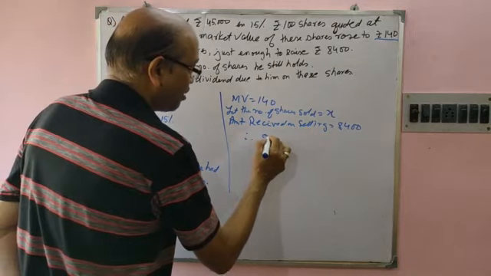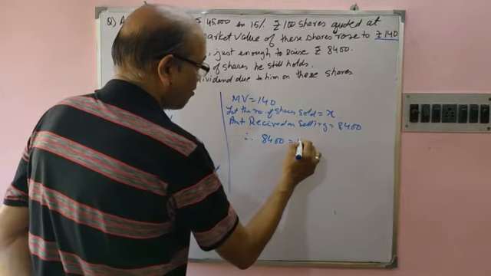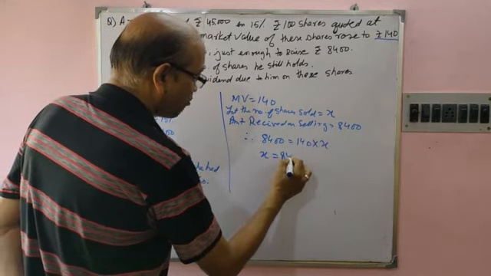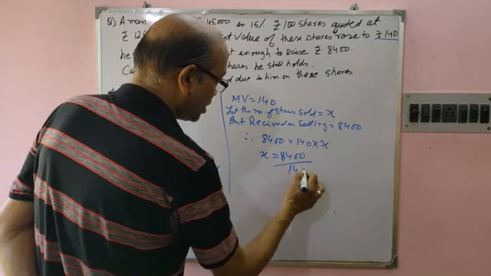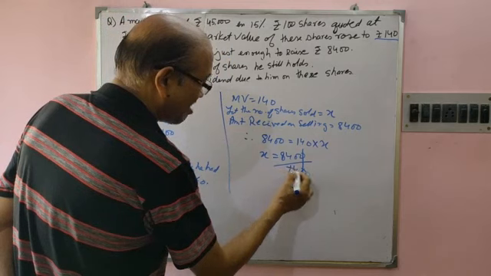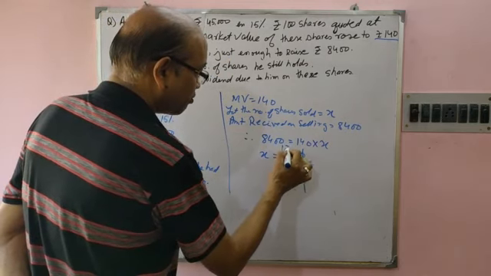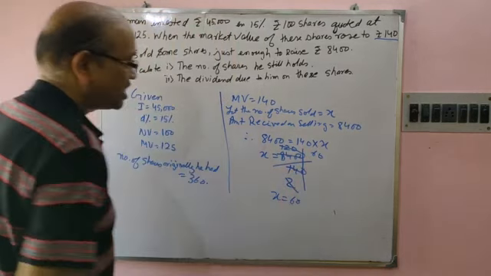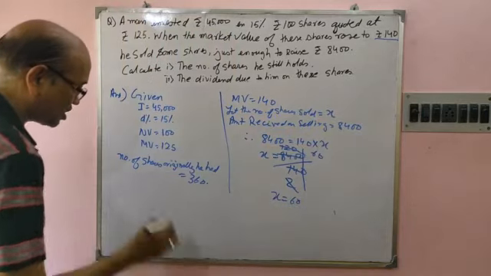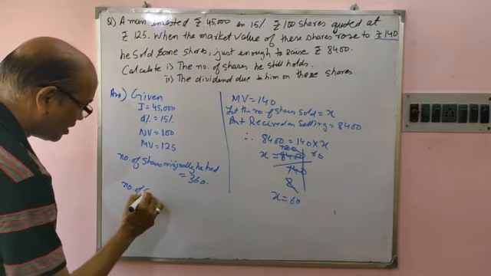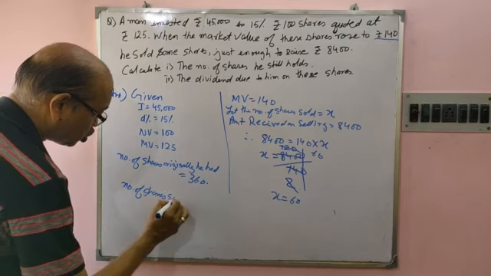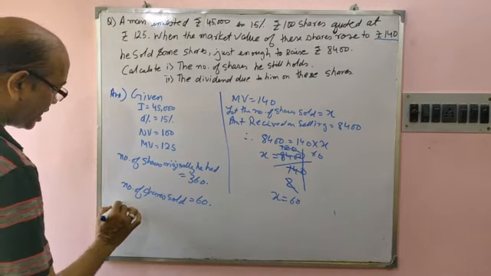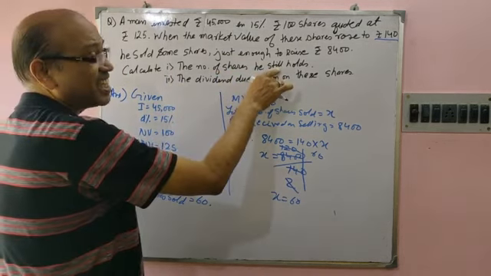Therefore 8400 is equal to 140 into X, or X equals 8400 by 140, which is 60. That is, the number of shares sold is 60.